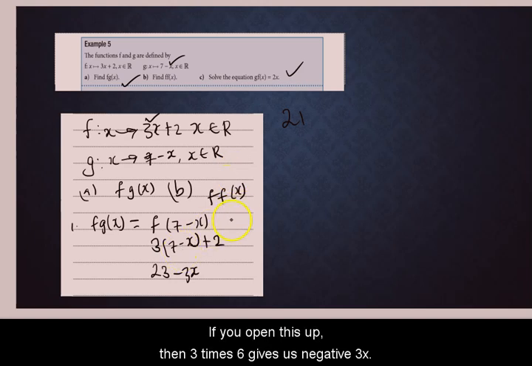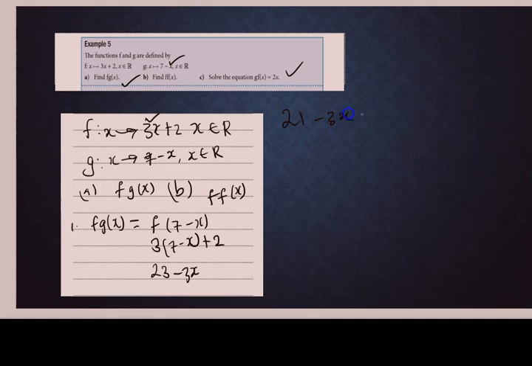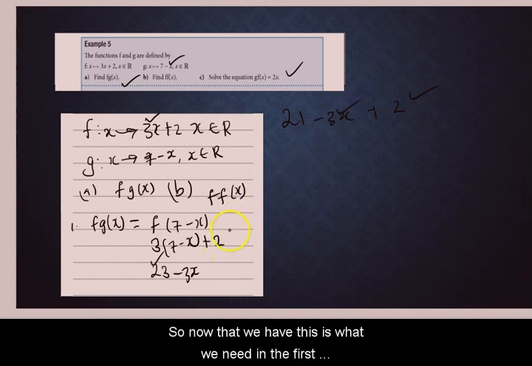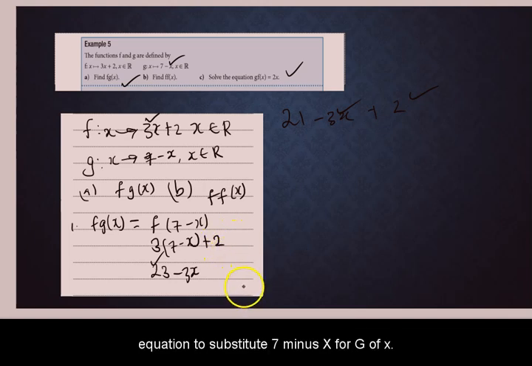If you open this up, then 3 times negative x gives us negative 3x, then we have plus 2. 21 plus 2 gives us 23 minus 3x. So this is what we get when we substitute 7 minus x for g of x.